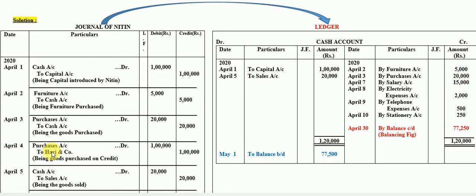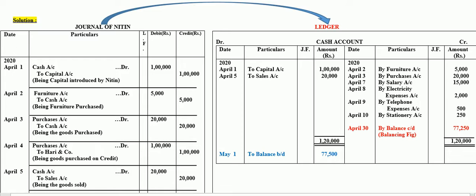Here there are no cash transactions, that's why we will not record these transactions into the cash account. Okay, now comes April 5th, the cash account is on the debit side, that's why sales will be recorded on the debit side, to sales account, that is 20,000 on April 5th, isn't it?